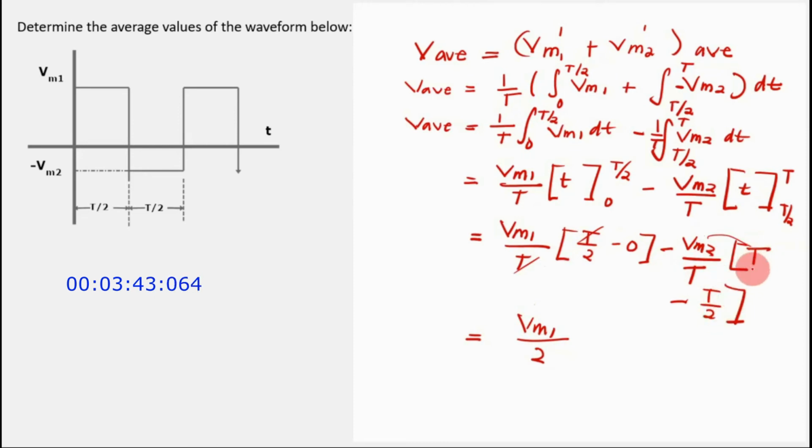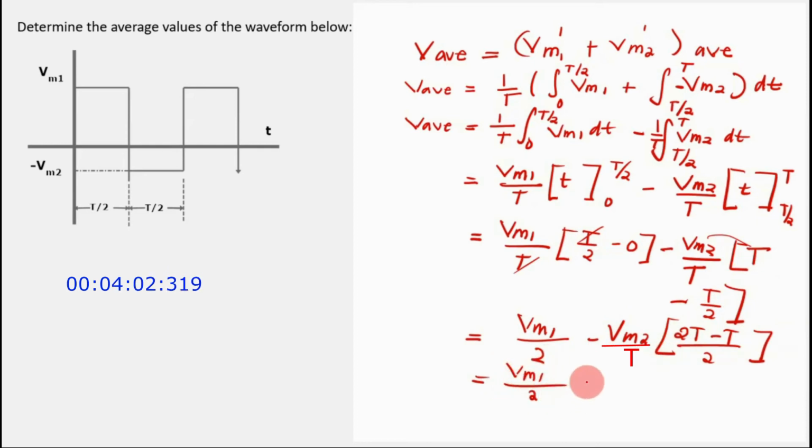The best thing to do is to simplify T minus T over 2. So T minus T over 2 is actually 2T minus T over 2. Okay, so let's keep it further simplified.